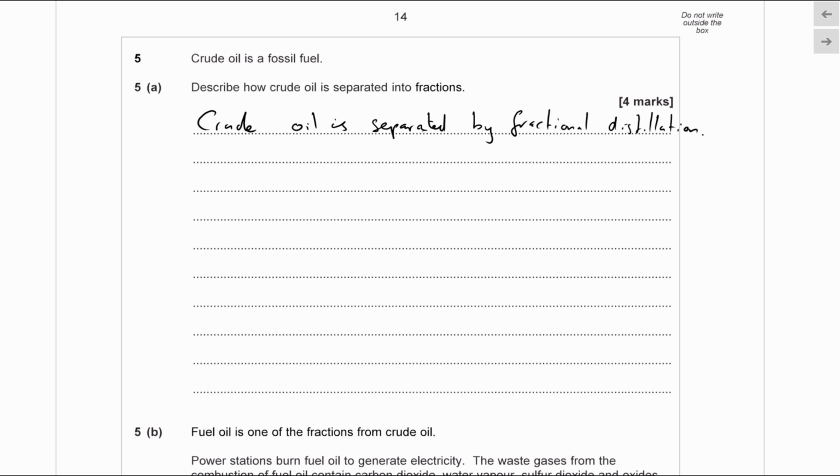Alright, so now we need to actually describe that process. So the crude oil is heated to a vapor. There we go. And then passed into the column.